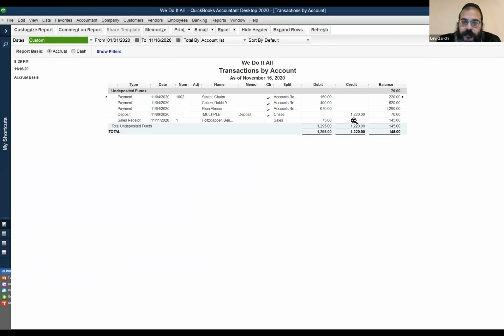But right now, suffice to say that if you start the year with $70 undeposited, clear means already went into the bank. We started with 70, we still have 75. The total is 145. It shows you the flow. You had 70, you added 220, you added 620. So you really had 1290. We deposited 1220. We're left with 70 undeposited, and we have 145.